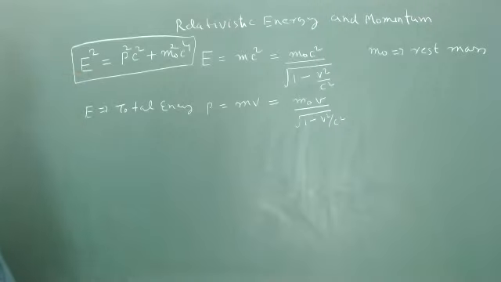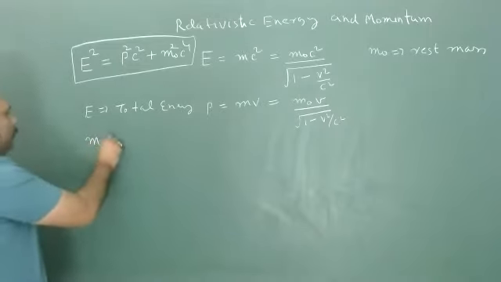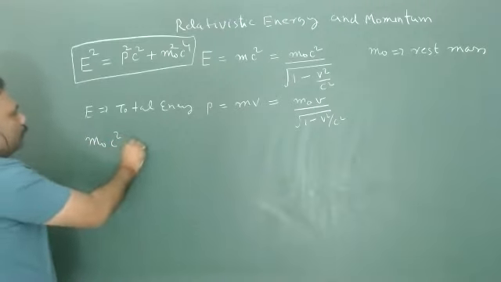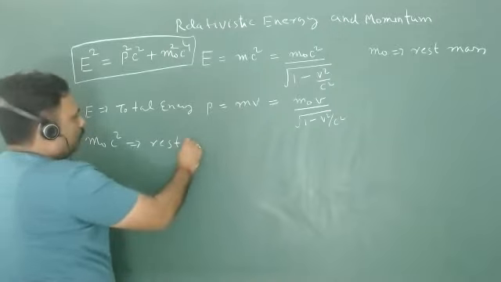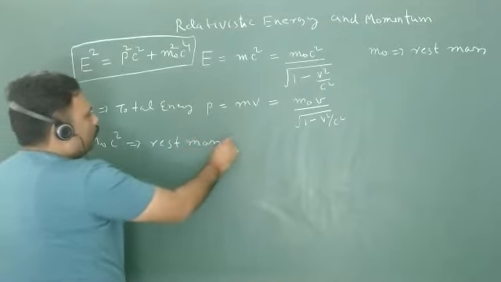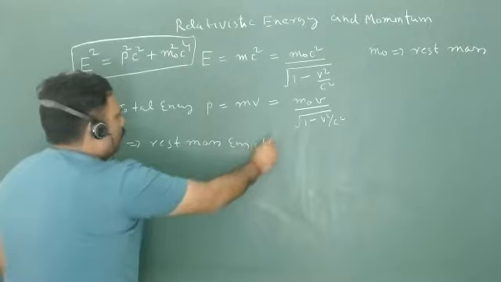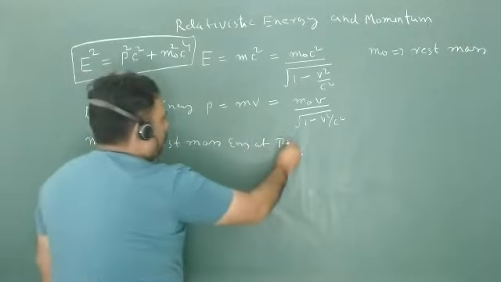And what is m naught square c to the power 4? This is nothing but m naught c square whole square, which is basically the rest mass energy of the particle. Rest mass energy of the particle.